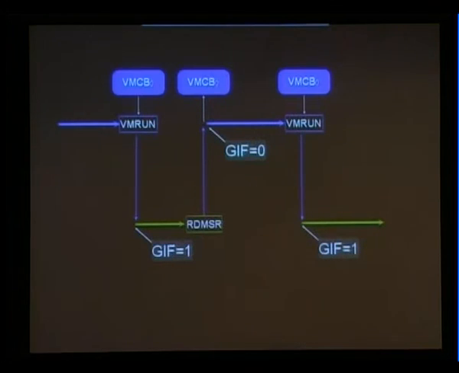So when we see global interrupt flag set to 1 here, that would mean that the guest is going to receive all the interrupts that happen in the system, in its virtual environment, of course.